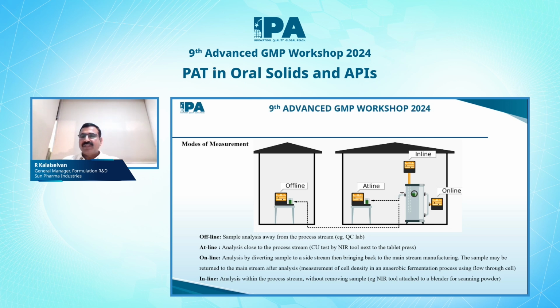If the sample is diverted towards a parallel stream and measured, then it is online. And here the sample is always diverted back to the mainstream. In case of at-line, the sample is measured near the manufacturing machine or manufacturing place, and the sample may or may not be returned after the measurement. And in case of offline, the sample is measured in QC or any other place by shipment of the sample from one place to another, and it never gets returned after analysis. Maybe it is a destructive analysis. Next slide, please.